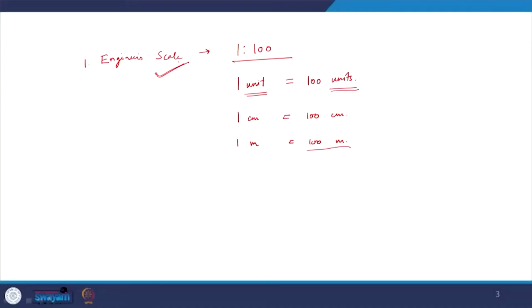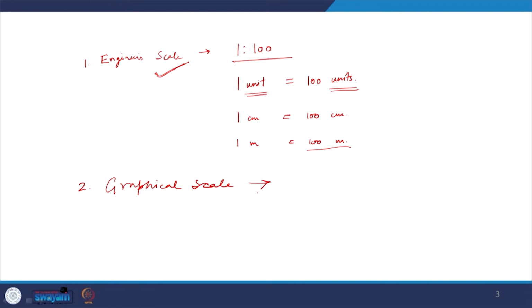Now it could be represented as an engineer's scale, which is just simply written as a number, or the second one is a graphical scale. Now this is something that we usually use.